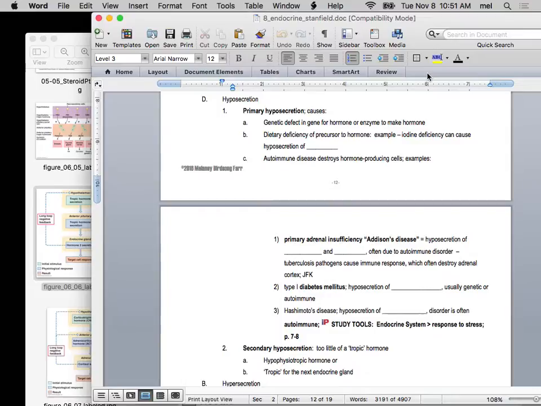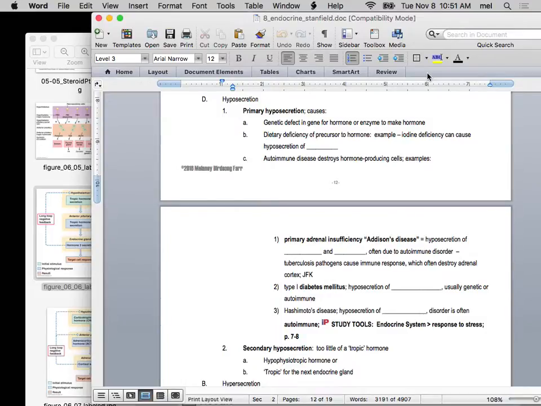Why? They really like glands. In addition, a lot of times they don't destroy two different things at a time. Now they can cause secondary, but it's less likely. So for some reason, your immune system likes to make mistakes and destroy your thyroid gland. It also likes to make mistakes and destroy your adrenal cortex and your pancreas. Those are usually primary hyposecretions that have to do with autoimmune diseases.